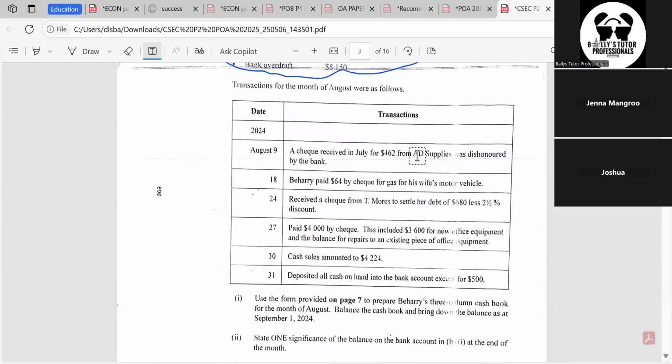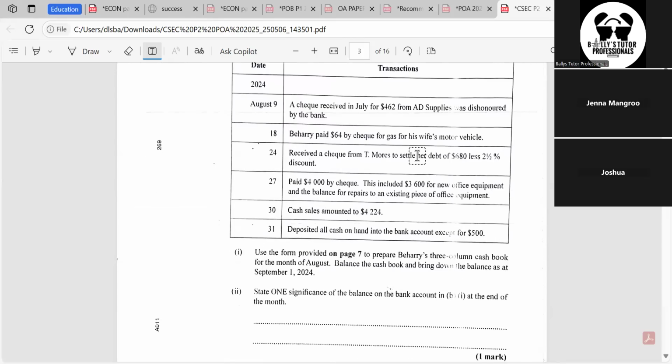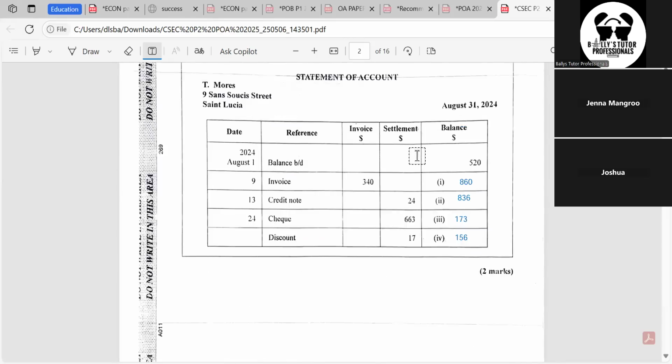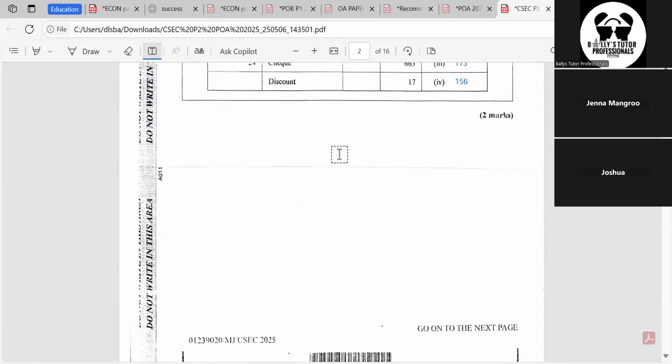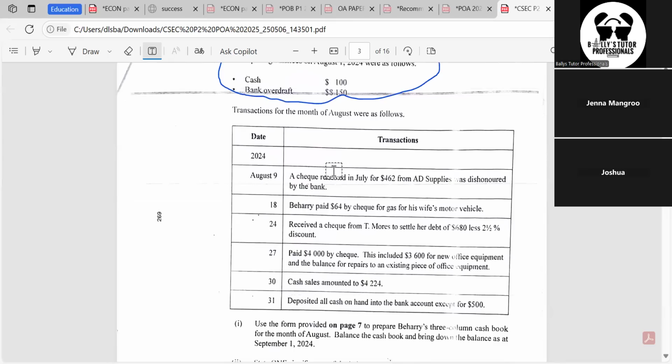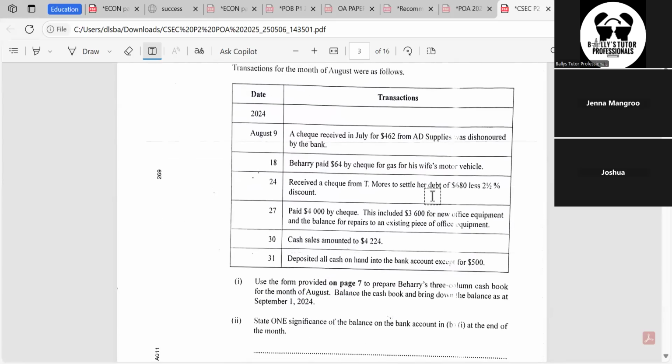B. Harry paid $64 by check for gas for his wife's motor van. So this is for who? This is B. Harry's accounts. So we are B. Harry, right? B. Harry paid $64 by check for gas for his wife's motor vehicle. What do you call that? Payment, sir.